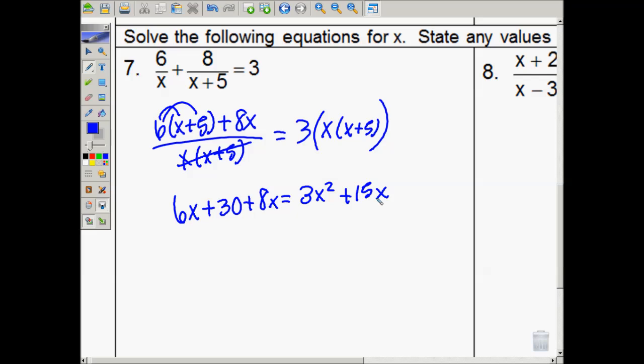So can I now get all of my variables on one side to solve this problem? Yes, I just got to start moving everything. I want this to stay positive because it's my largest. And I'm going to start moving everybody to the other side. So minus 14x minus 30. So I have 0 equals 3x squared plus x minus 30.